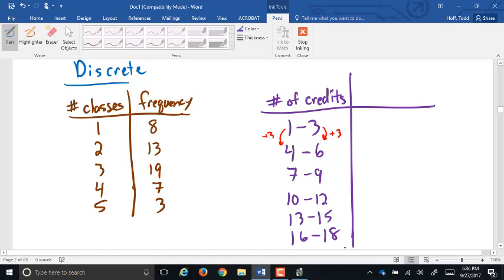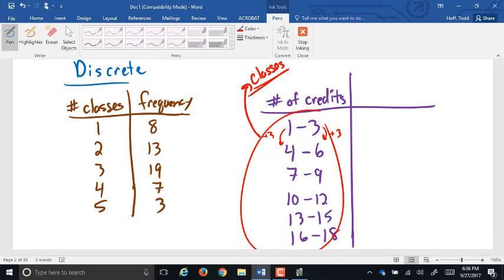But now, this is one of the problems with doing groups like this. These groups are called categories or classes. When we do those classes, we break it up into groups like that. The hardest part is figuring out what size to make the groups. Here, what if there was a student that had 19 credits?